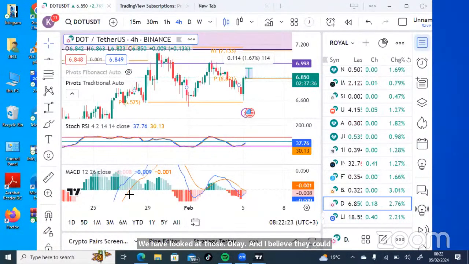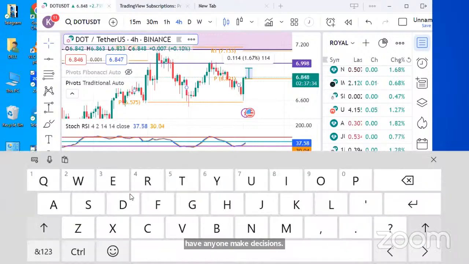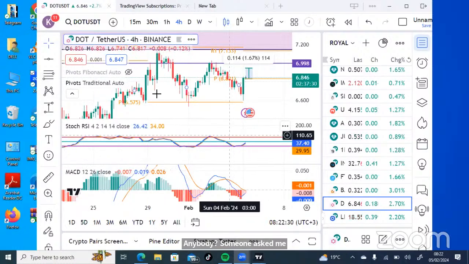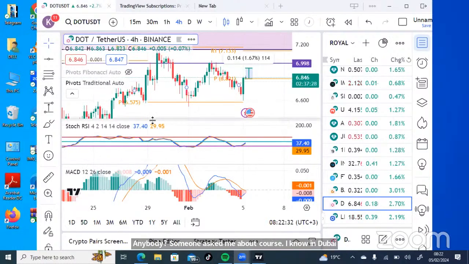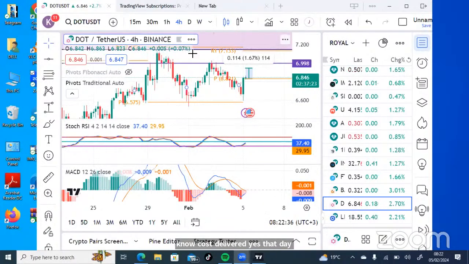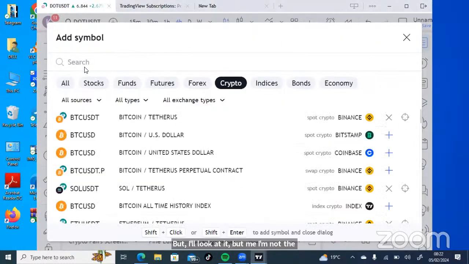Anybody with a question? Someone asked me about costs. I know when people are in floating loss, but cost, as a signal, was delivered yesterday. But I'll look at it. Me, I'm not a person who gets connected to coins when they float.